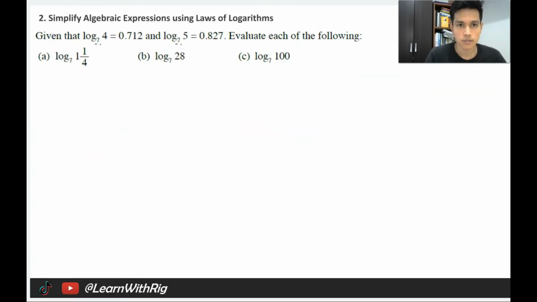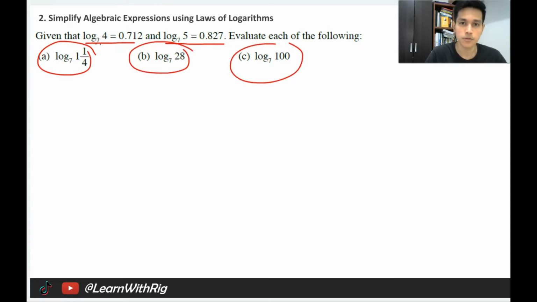Given that log 4 base 7 equals 0.712 and log 5 base 7 equals 0.827, calculate each of the following. So in this case, they gave you these two, and they want you to use these values to find the answer for all of this.